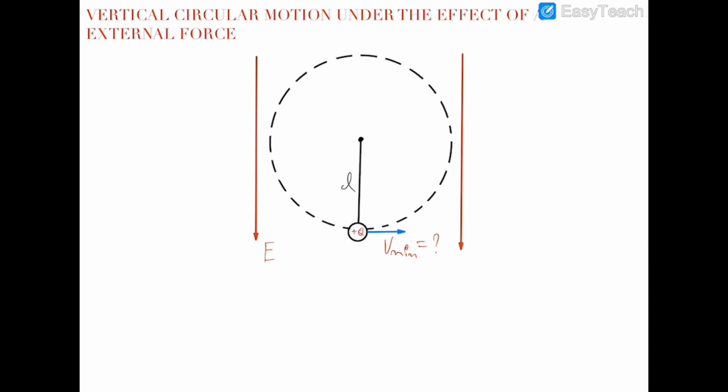So to find out this concept, we can see that in the effect of only mg, the ball was moving, then the minimum velocity required to be projected at the lowest point so that it completes the vertical circle was under root 5gL.